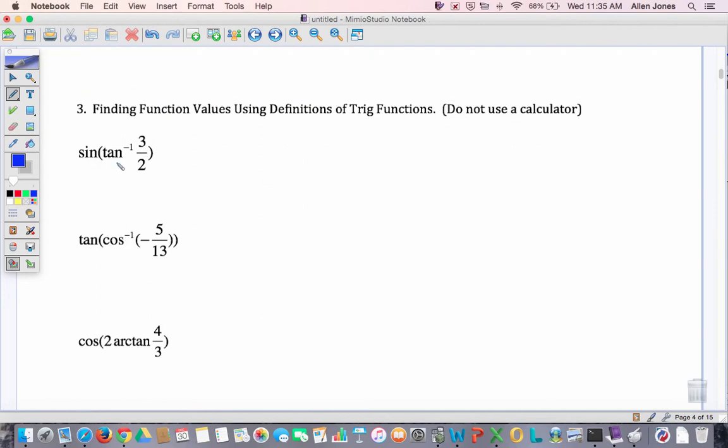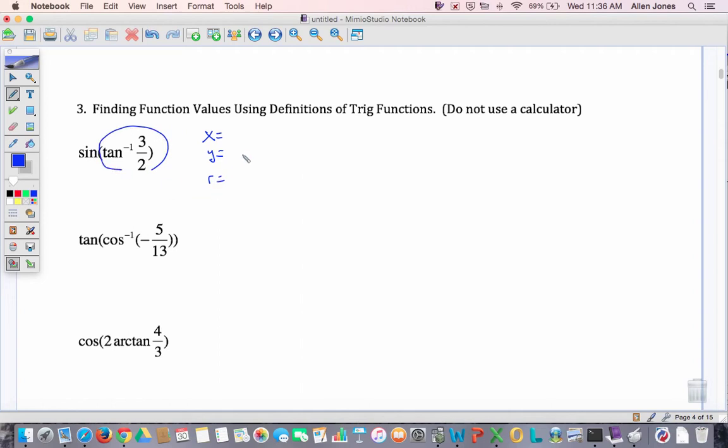A few more to get through here. These can actually be solved fairly simply without using the calculator. Sine of the inverse tangent of 3/2, so kind of a longer explanation. If we work step by step, if we did the inverse tangent of 3/2, that would convert us to an angle. Okay, that would give us sine of, say, 45 degrees, just making up a number. Then, when we take the sine of 45 degrees, we convert it back to a ratio.